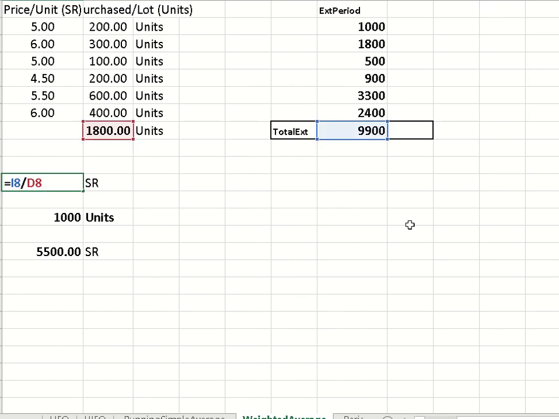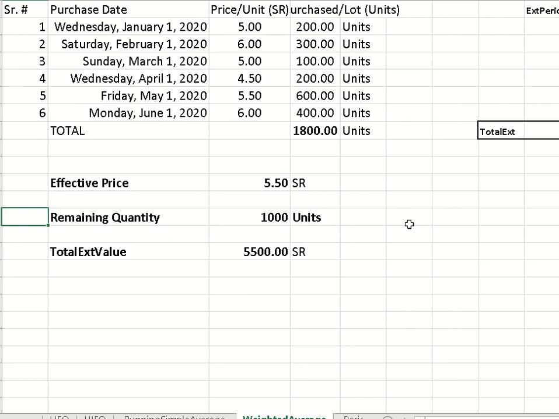All right, 9,900 divided by 1,800, and given the amount of quantity that is left, all you have to do is multiply the two together. 5.5 times 1,000. So the total extended value is 5,500. This is the value of the remaining quantity in the warehouse of the 1,000 units.